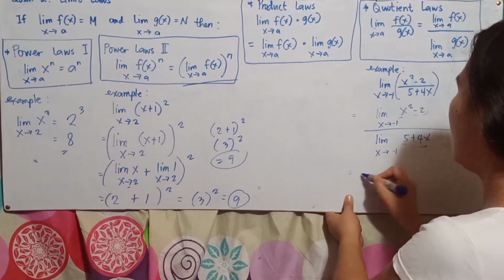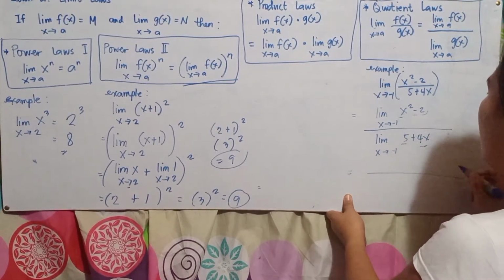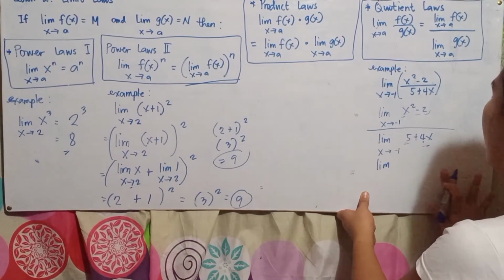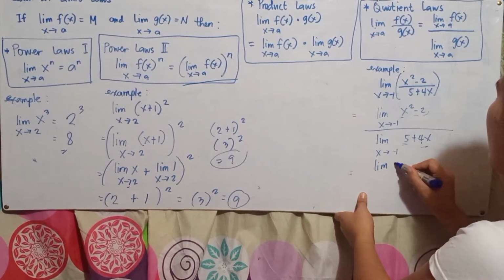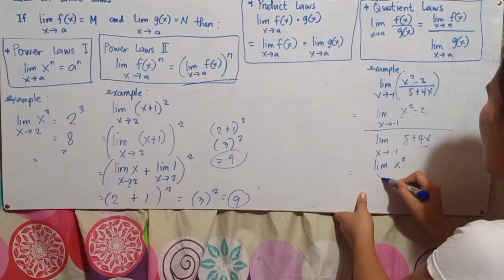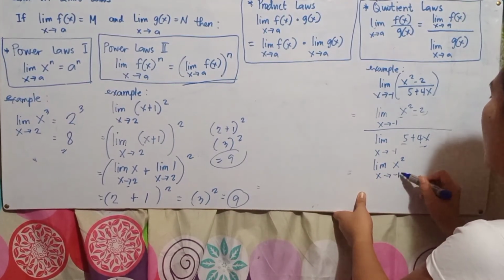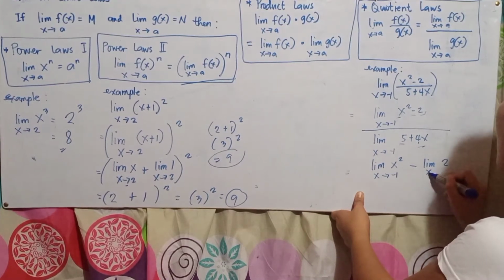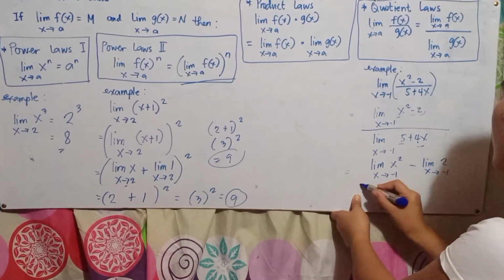Okay, so magiging sa numerator limit of x squared, x approaches to negative 1 minus limit of 2 as x approaches to negative 1.